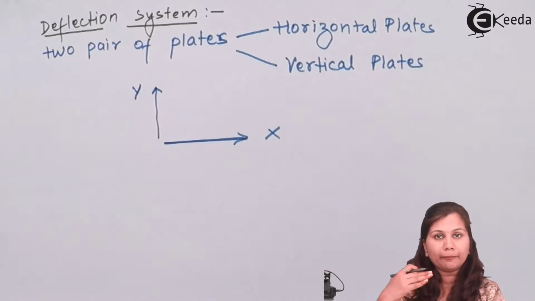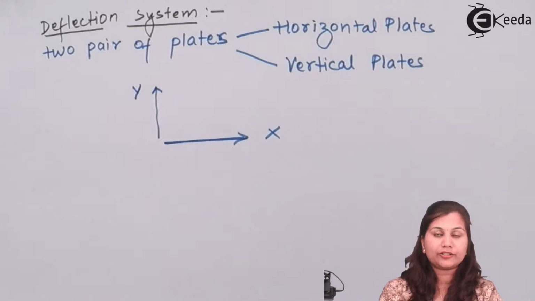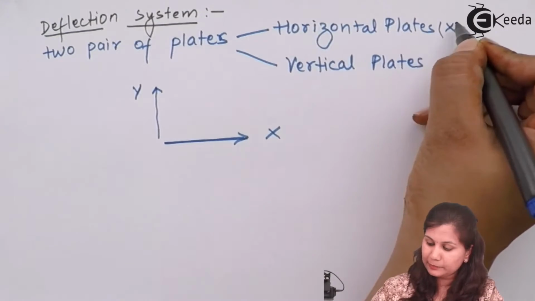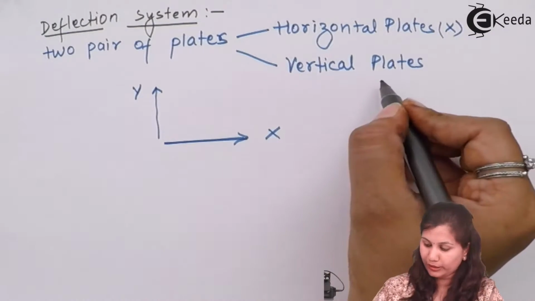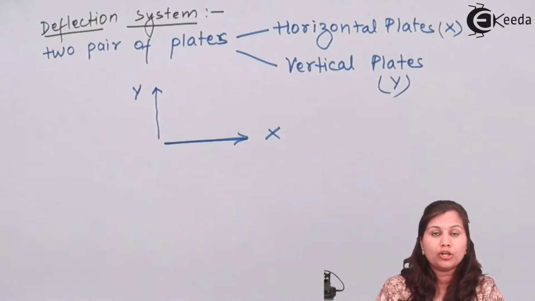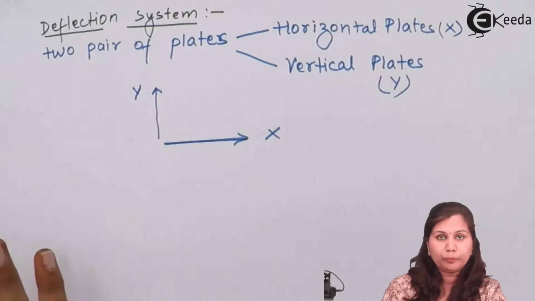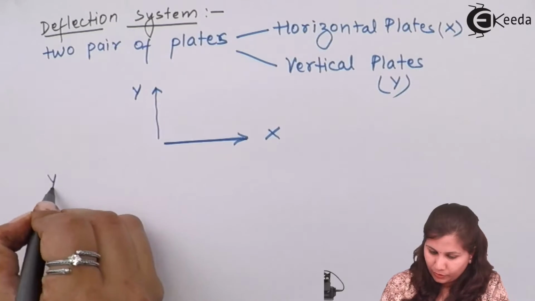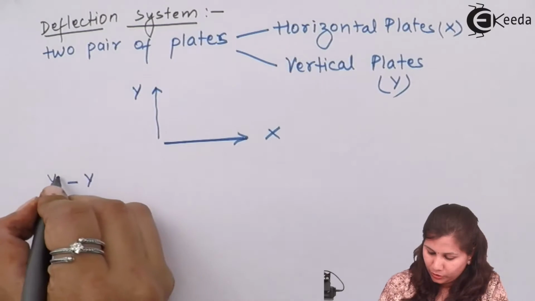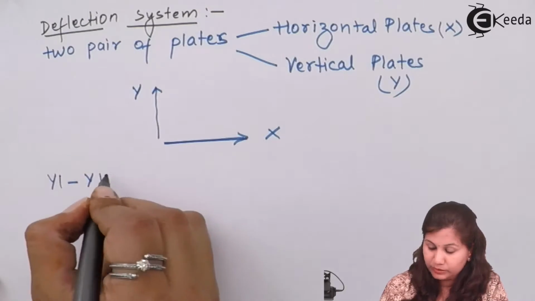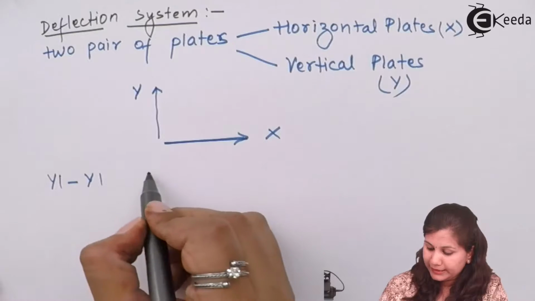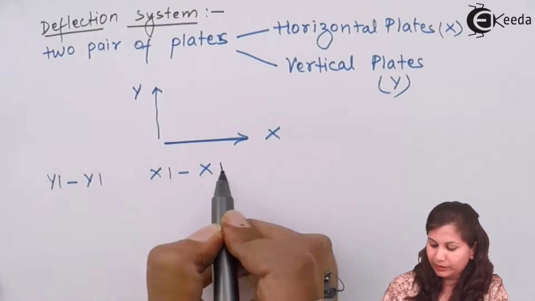So horizontal plates are also known as X plates, and vertical plates are also known as Y plates. So in a CRO, we have two pairs of plates: the vertical plates Y1, Y1, and the horizontal plates X1, X1.